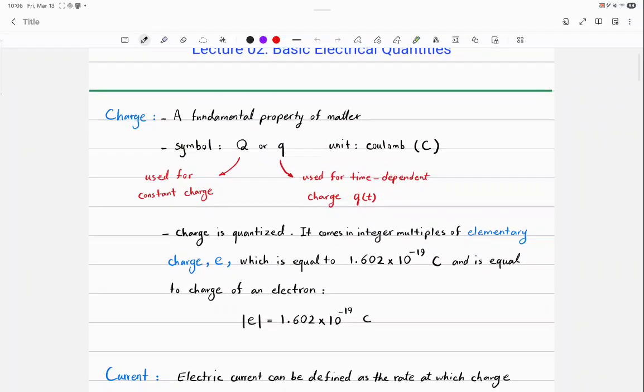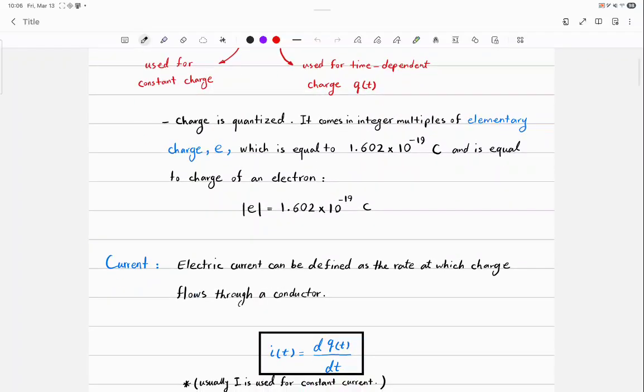But for electrical engineering, something much more important than charge is considered, which is electric current. We usually use I, the capital or lowercase, depending on the context, and sometimes depending on whether we want to introduce current as a time-dependent or time-independent variable.